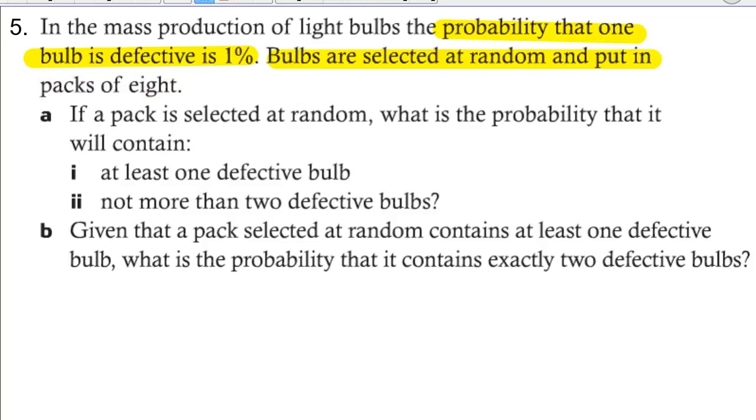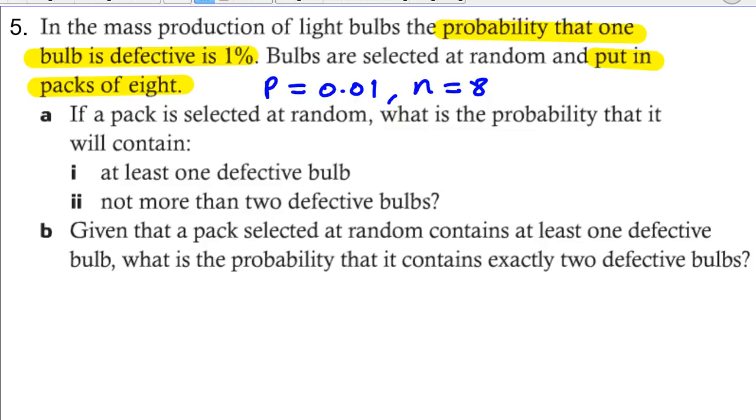Actually, alternatively, what is more important here is they are put in packs of 8. From there, we can actually write down our parameters. One is the probability of success is 0.01. And because these bulbs are put in packs of 8, then we can say that the number of trials, if you are going to check these bulbs, n will be equal to 8.